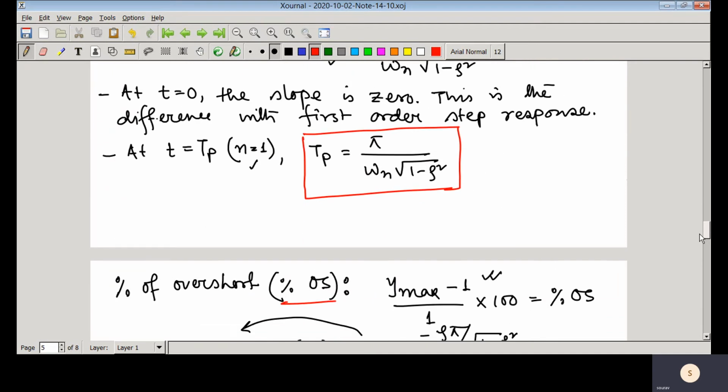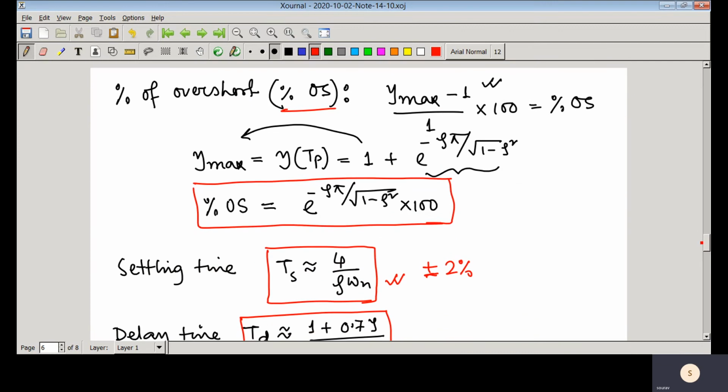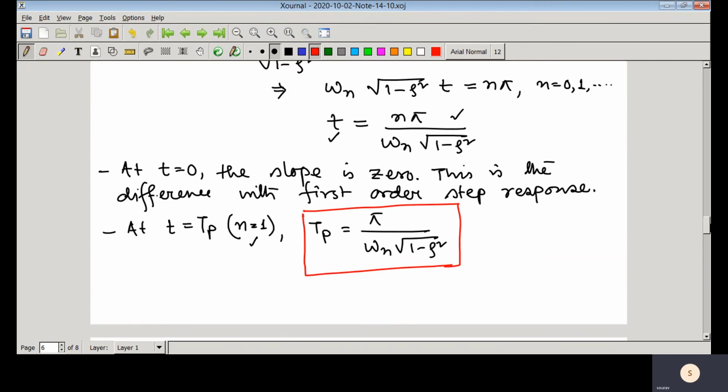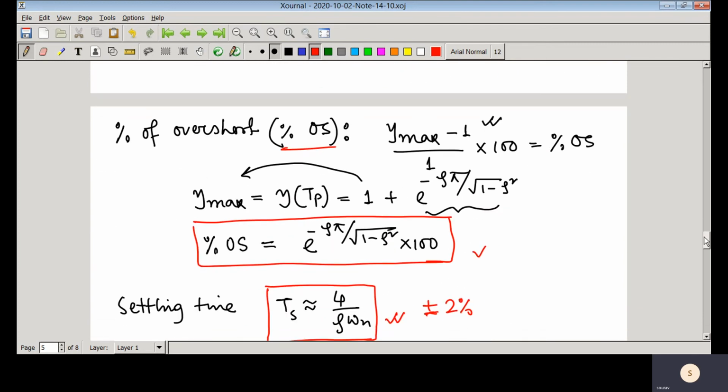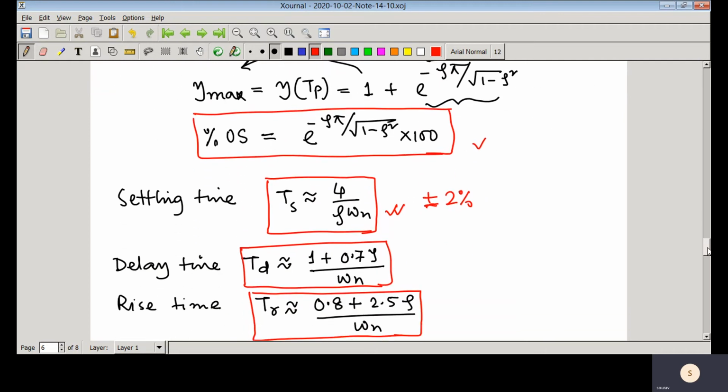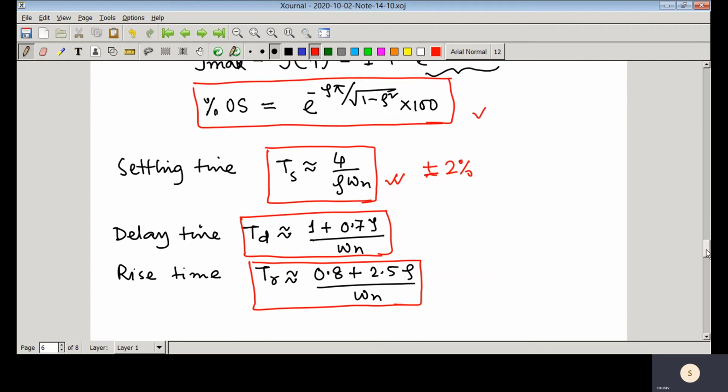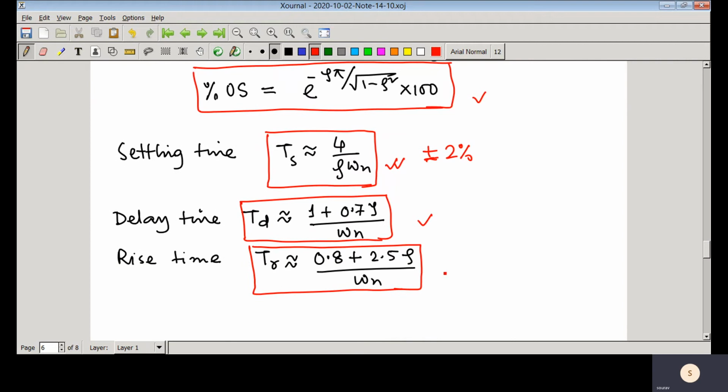For that we need to quantify, and it is quantified in terms of percentage of overshoot. We can find the peak time and percentage of overshoot directly from the expression of the second order system y(t). But for settling time we need to do some approximation, and for delay time and rise time we do not have any explicit relationship with the zeta value.